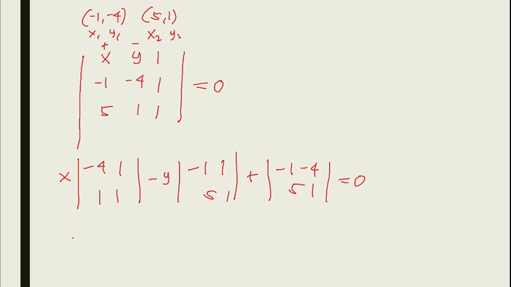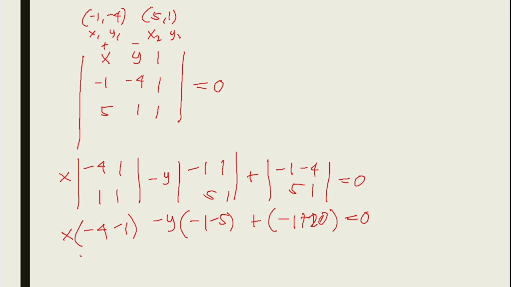So we have x, so minus 4, and since going up is minus, this is minus 1. Y, this is minus 1, going up is minus 5, plus negative 1, and since it's 5 times negative 4 is negative 20, change the sign, it will become plus 20 equals 0.